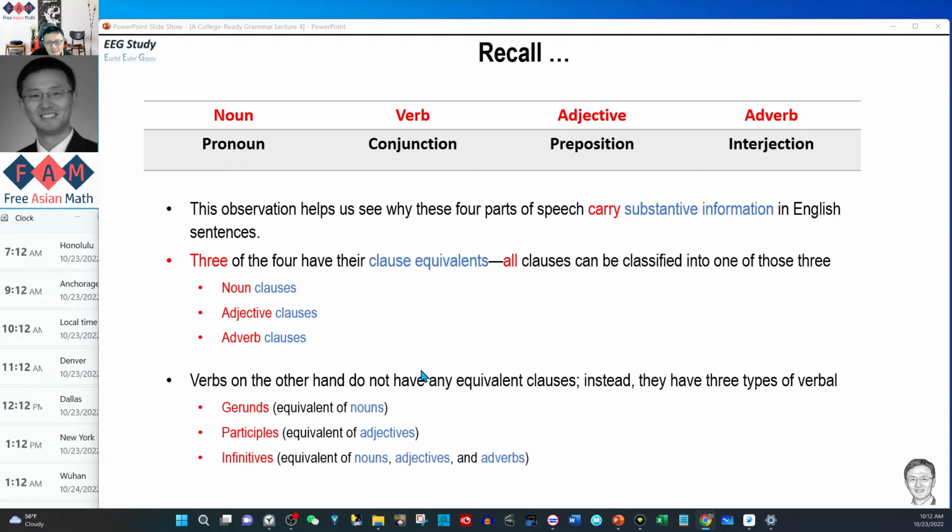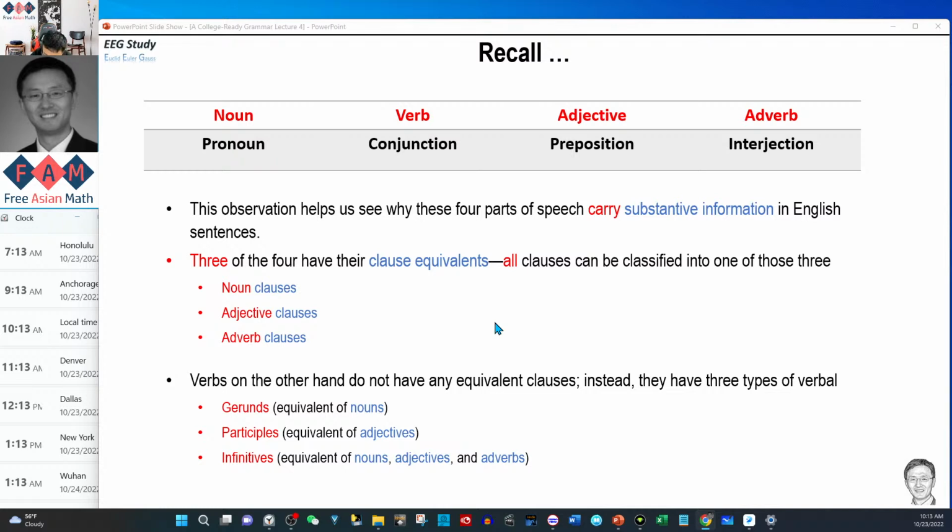And the last verbal here is the most versatile one, which is the infinitive. Infinitive, unlike a gerund or participle, which very specifically correspond to nouns and adjectives, can be noun, adjective, or adverb. So all the other 3 most important parts of speech can be represented by infinitives.